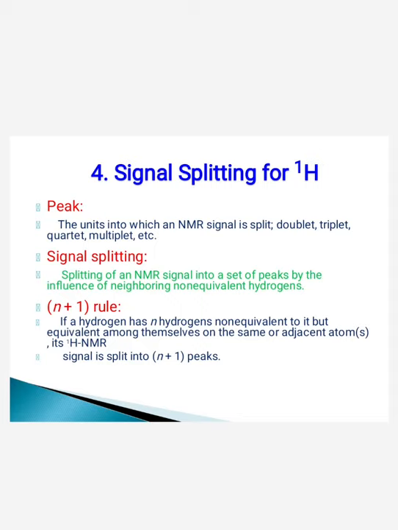That means when there is only one equivalent set of hydrogen atoms adjacent to our proton, we use the n plus 1 rule, and when two different sets of non-equivalent protons are adjacent to the original set, then we apply the second rule, that is (Na plus 1) into (Nc plus 1).